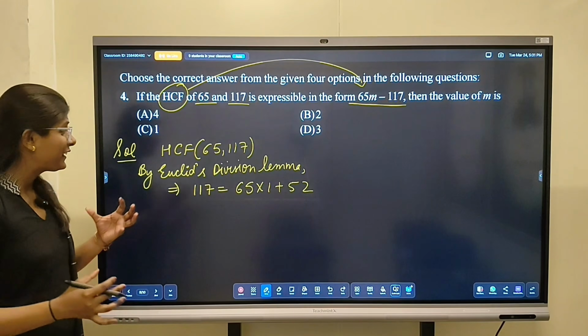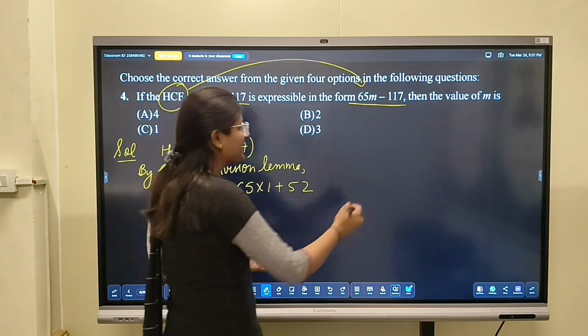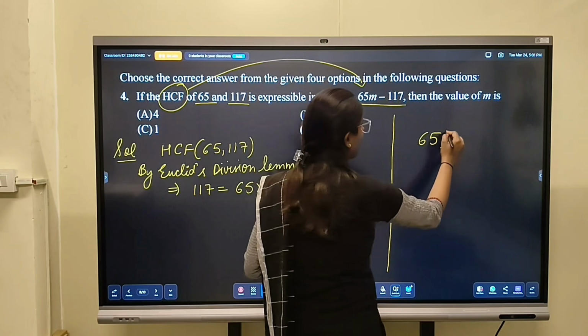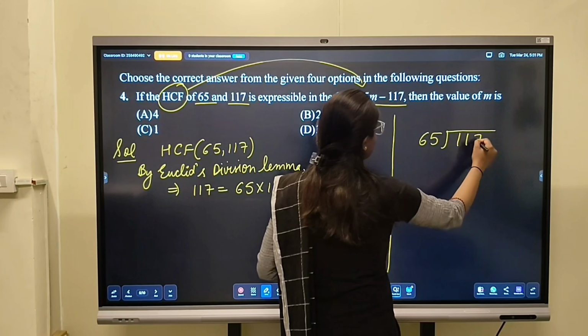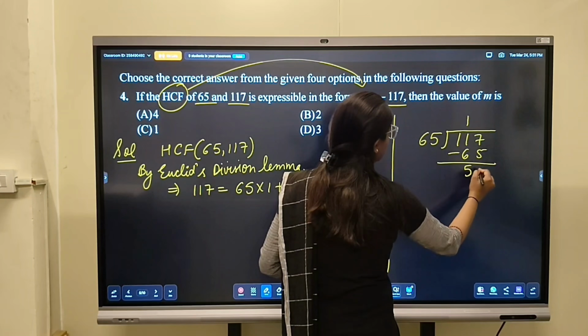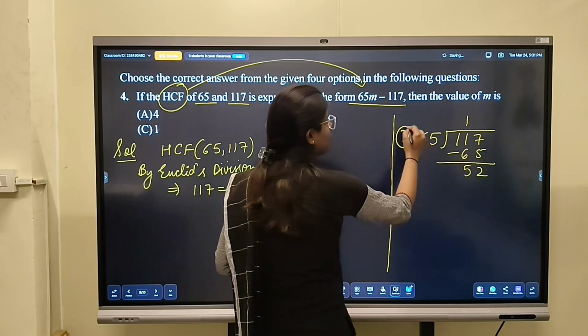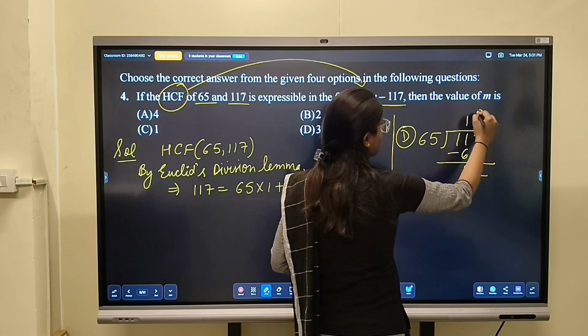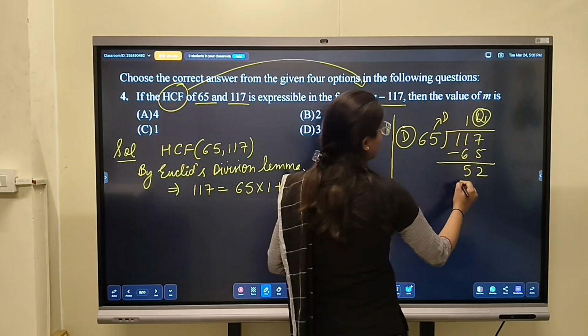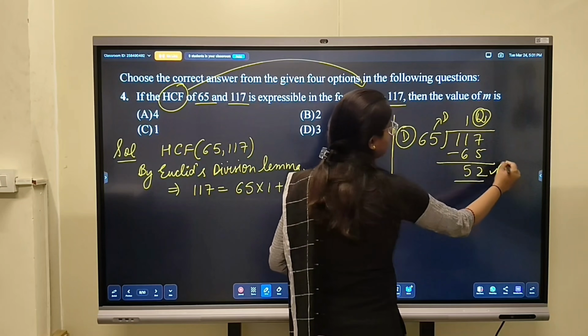Now if you are thinking how ma'am has written this, let's go for the rough work. I hope this would be helpful for you. Divide 65 and write it like this. 65 times 1 and that would be 52. So this is your dividend, this is your quotient, this is your divisor and here it is your remainder.